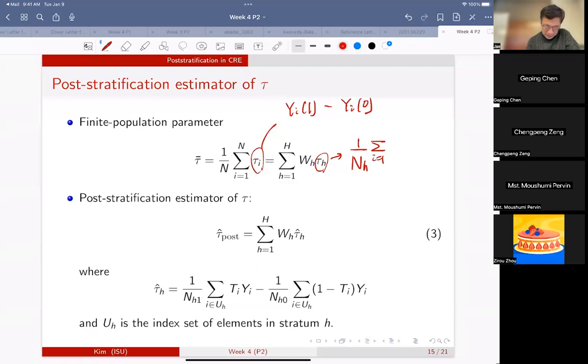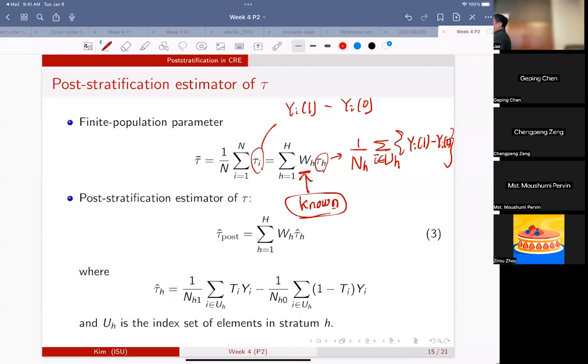We use the U_h notation here. So that is basically the straight mean of taus at the population level. And W_h is known. So we know W_h, but we do not know tau_h.